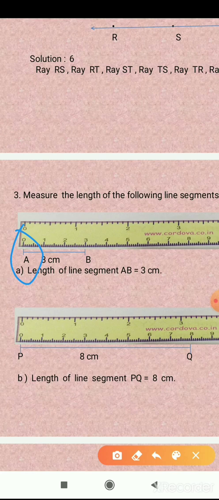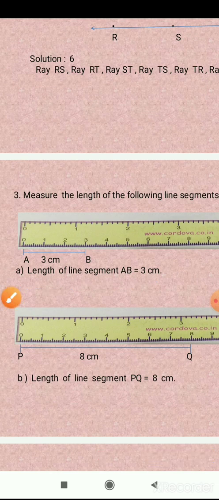Next, read the ruler at point B. The reading of the ruler at point B gives the length of line segment AB. Here the mark on the ruler is 3 centimeter. So the length of line segment AB is 3 centimeter.